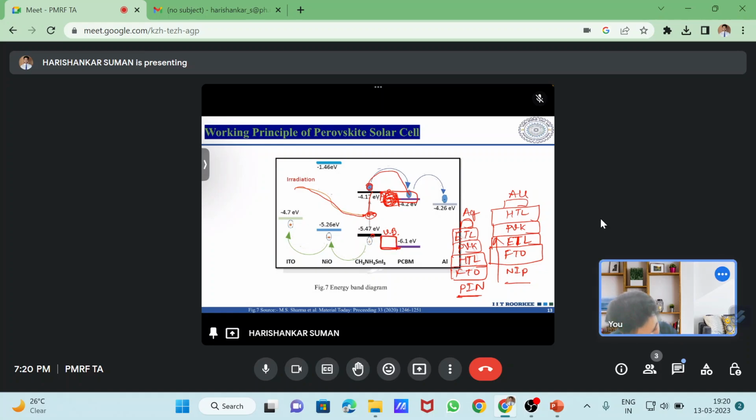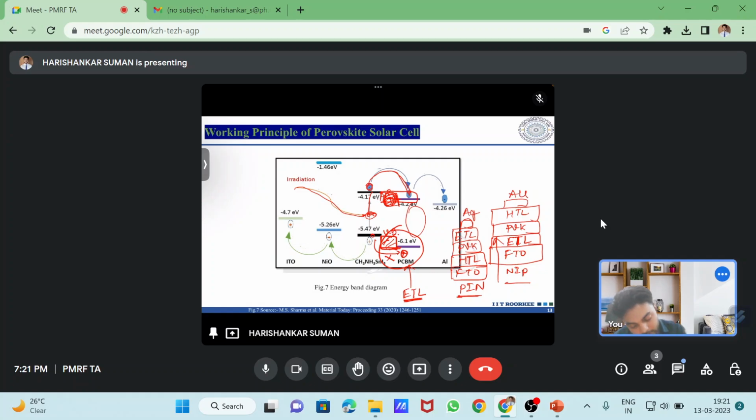Here is a barrier for the hole. The hole cannot go like that. This blocks the hole and provides the path for the electron. This is the electron transport layer. If the electrons and holes go in one way, they recombine. So recombination can be stopped by the ETL layer.